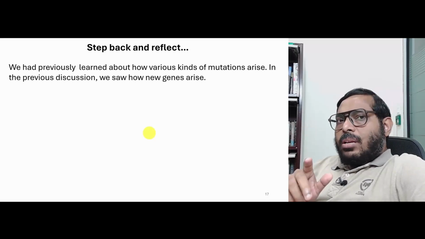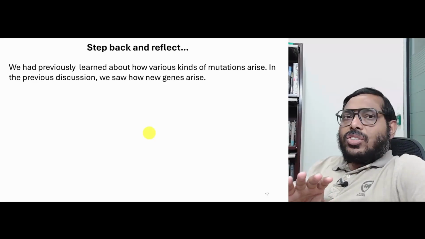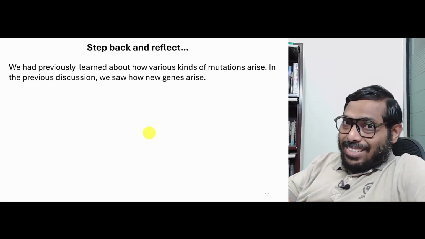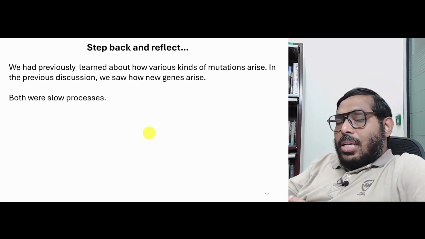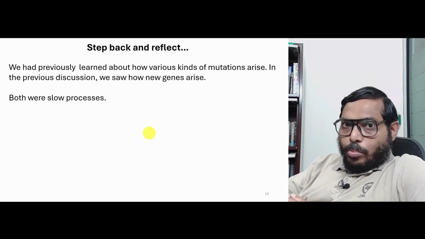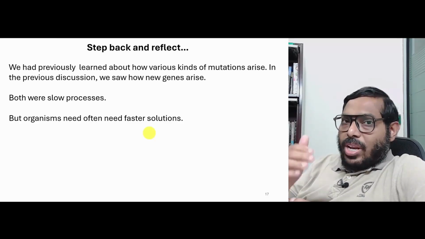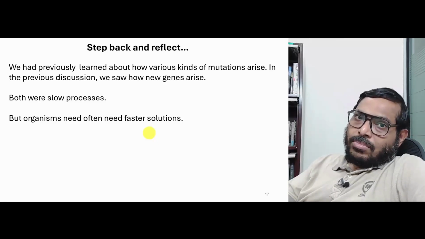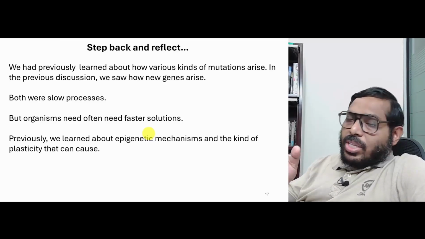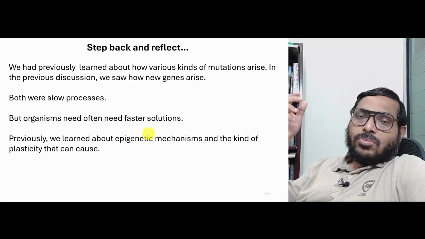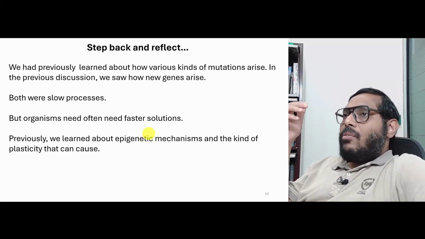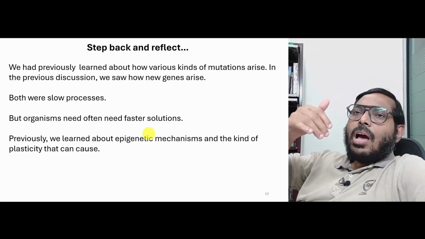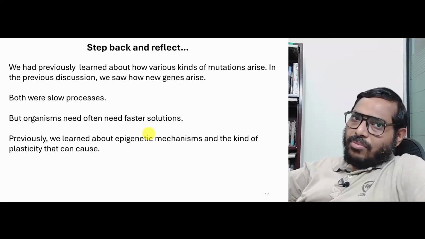So, previously we had learned about how various kinds of mutations arise. In the previous discussion, we saw how new genes arise. But as we remarked, both are very slow processes, and organisms very often, because of environmental changes, need faster solutions. What can those solutions be? Previously we learned about epigenetic mechanisms and plasticity, and that epigenetic mechanisms are very often the underlying mechanisms behind phenotypic plasticity.